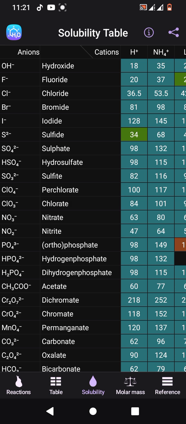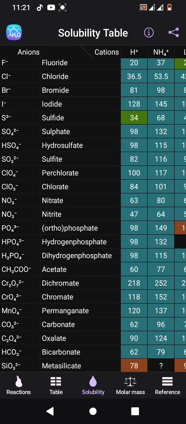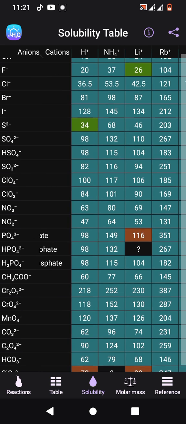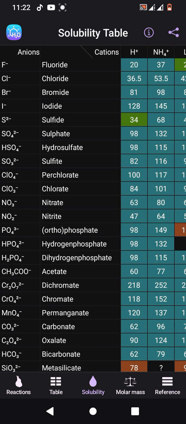So on the top, yes, the topmost anion is the most soluble, and then as you go downwards, it becomes less soluble. So I don't know how to pronounce this, but it's SiO3. So it's less soluble, so it's the least soluble.